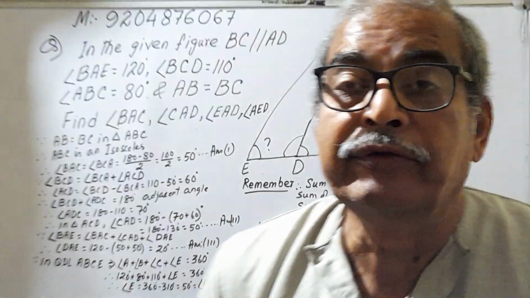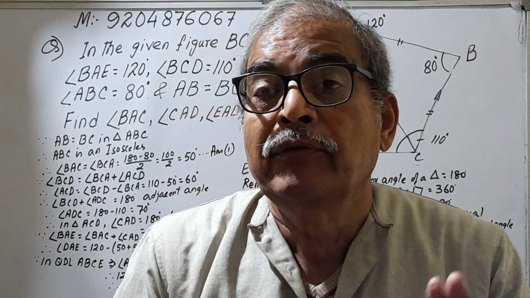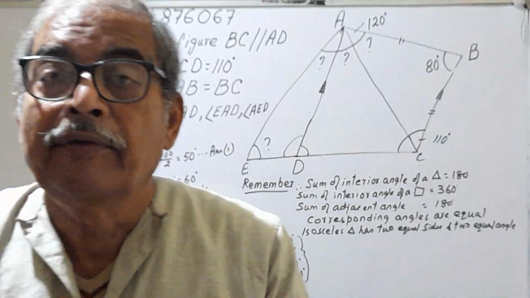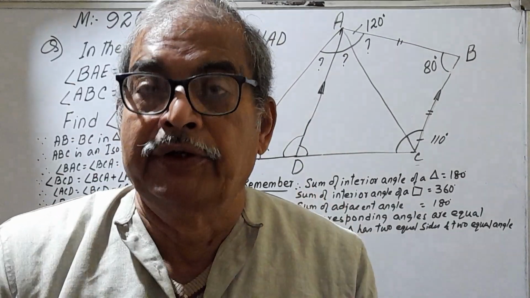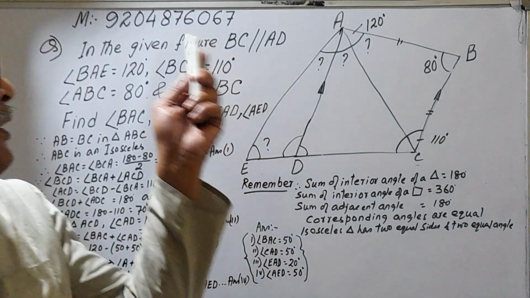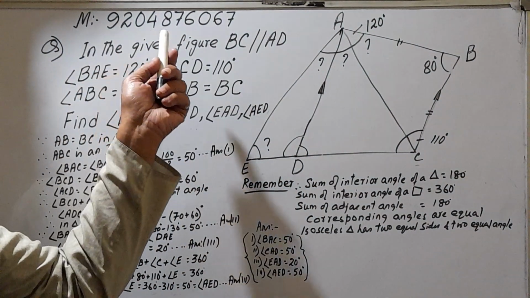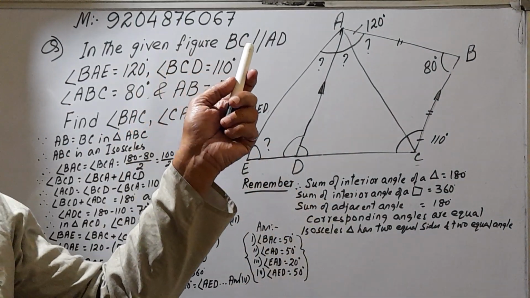Today I have given a geometrical problem where an angle is missing. See the question, I have already solved it. My mobile number is given: 9204876067.